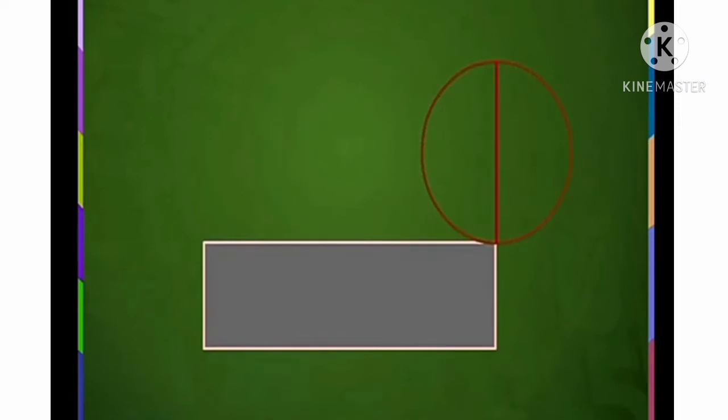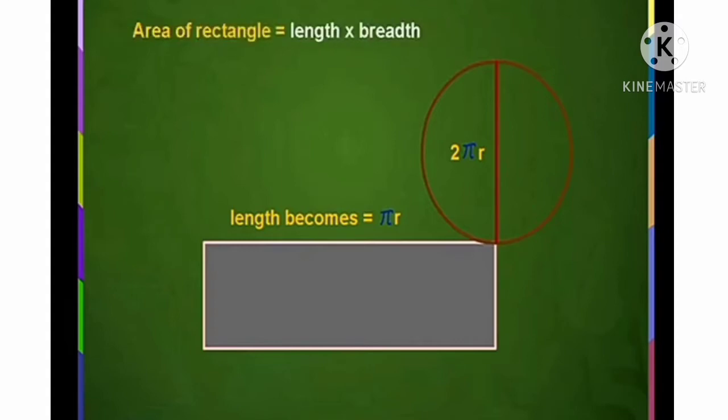We know that the circumference is given as 2 pi r. So L becomes pi r. Now, the area of the rectangle is equal to length into breadth, which is pi r into r, that is pi r square. Thus we get the formula for finding the area of the circle, pi r square.